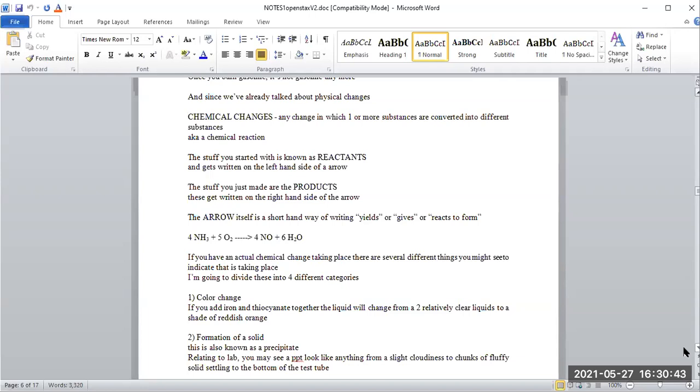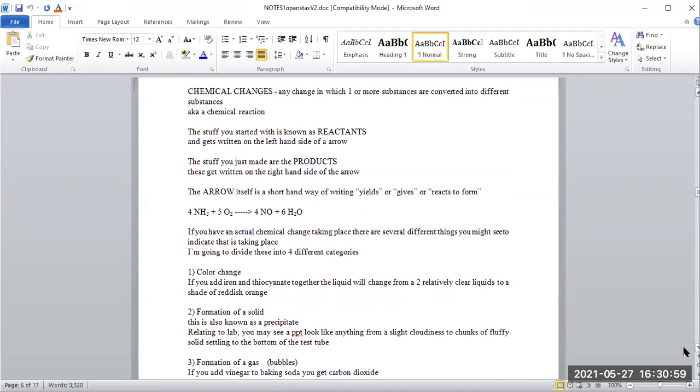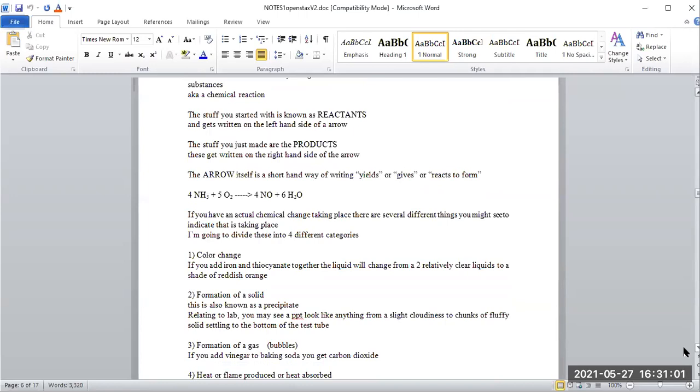As you're thinking about the idea of chemical changes, there are ways that you can see a change occur. And this, again, we're getting back into more lab versions here. Things that will indicate to you that a chemical change occurred could be a color change.